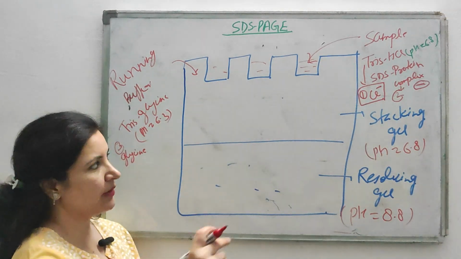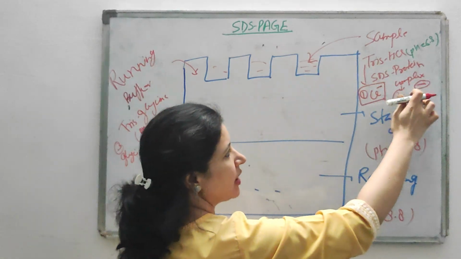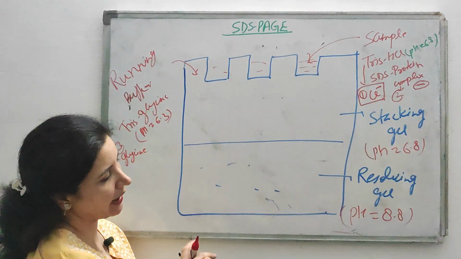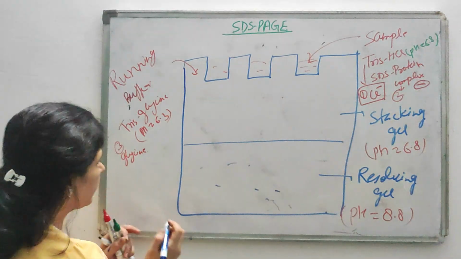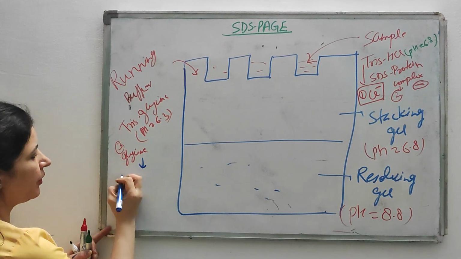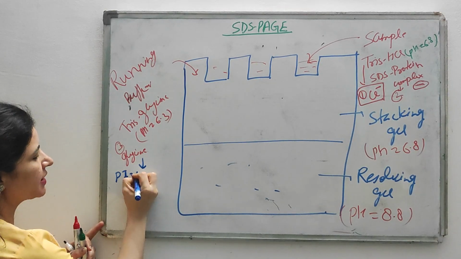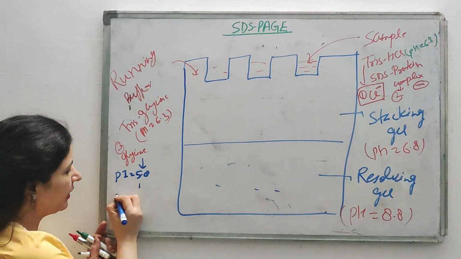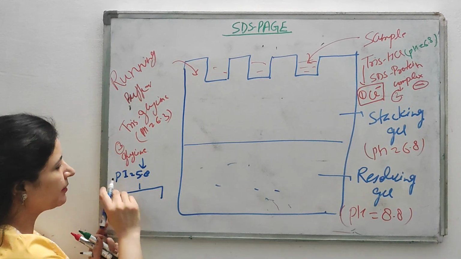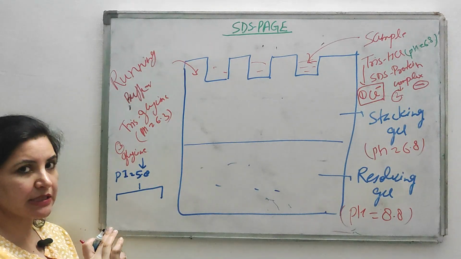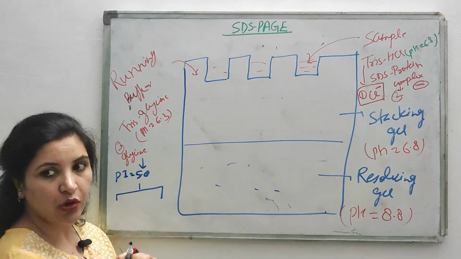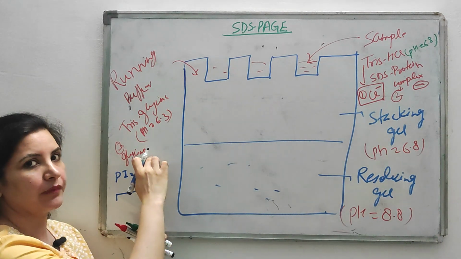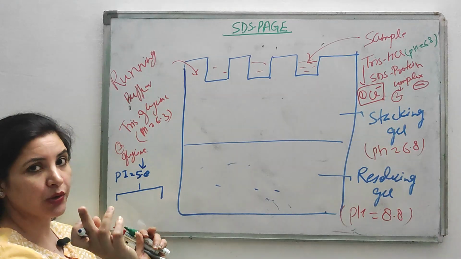So three things are there. First is that of chloride ions, next your SDS protein complex, and your glycine. So what happened? As I told you before, the pI value of this glycine is 5.8. And at 5.8 pH this glycine carries no net charge, that is at 5.8 pH the net charge on glycine is 0, and it exists at this pH as a zwitterion.